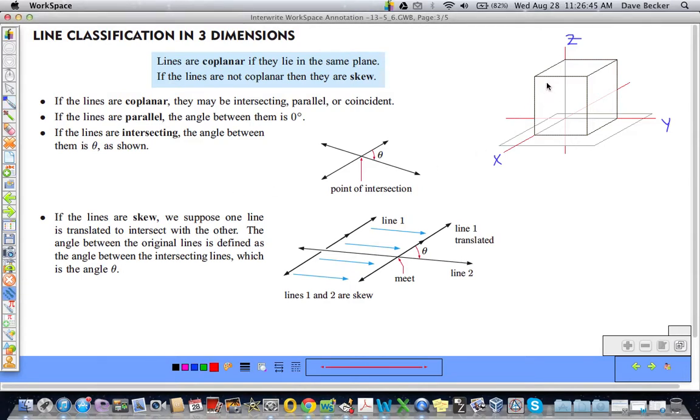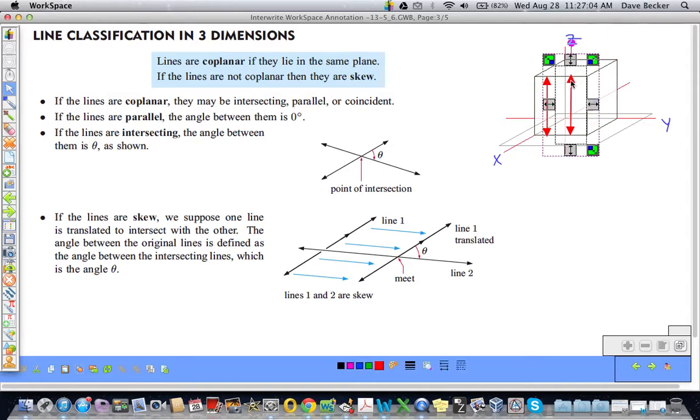So if I have a line here in this plane and a line here in this plane, they are coplanar. They're in the same plane. Okay. So these lines, we have different classifications.